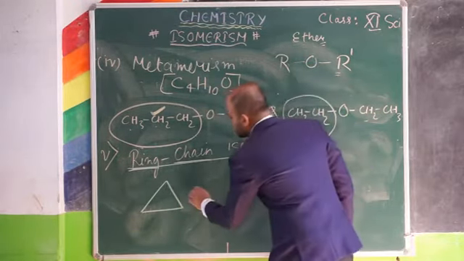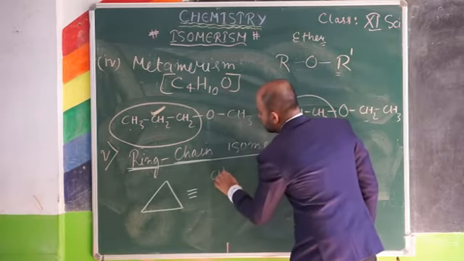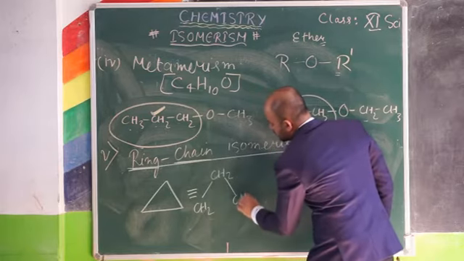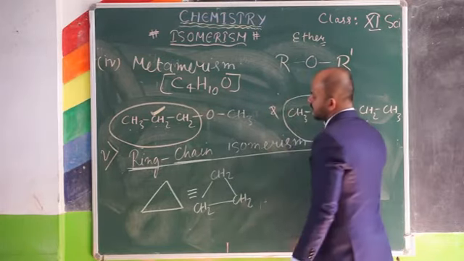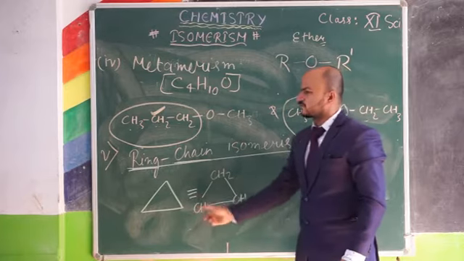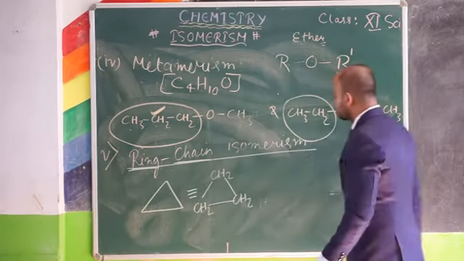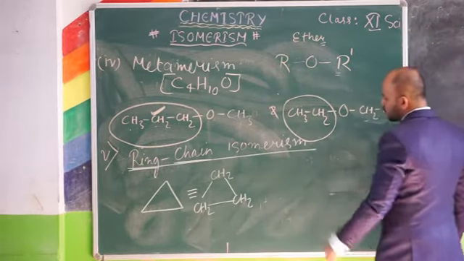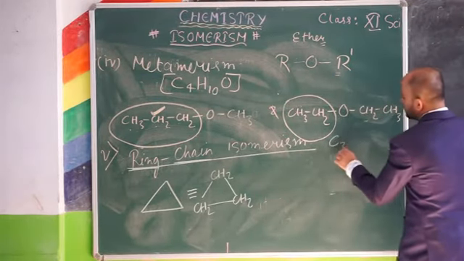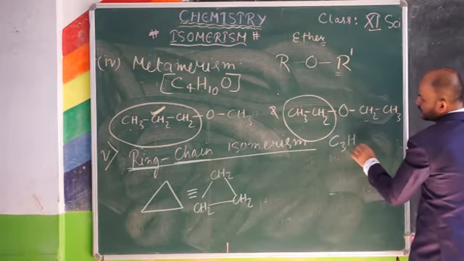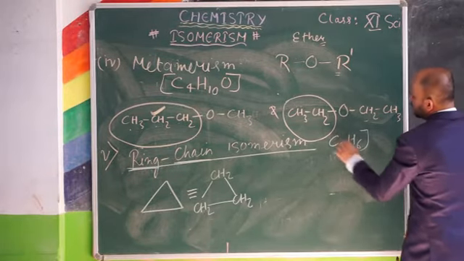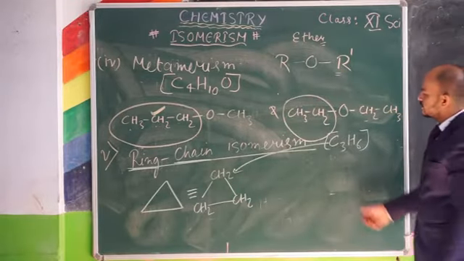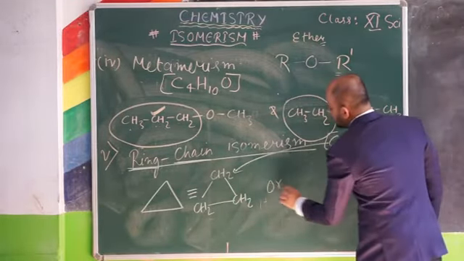Now this means CH2, okay? And they are all staying in a closed form. This is the ring form. Now, what would be its molecular formula? Molecular formula would be C3H6. Now with this molecular formula, you can have this structure, or you can also have this structure.